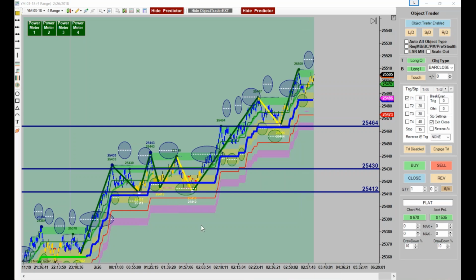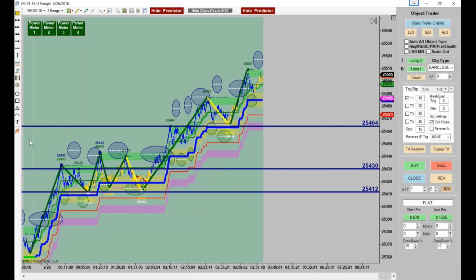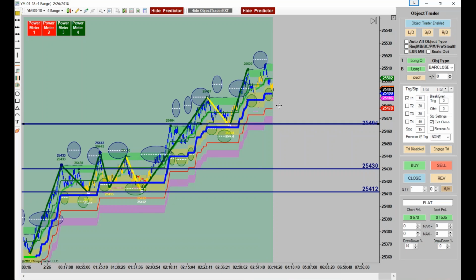Okay, now where is your identified swing getting ready to be? Let's see if it draws a number there. Identified medium swing is right here.